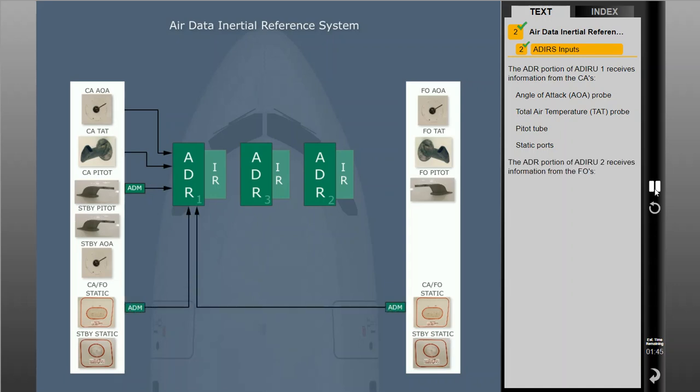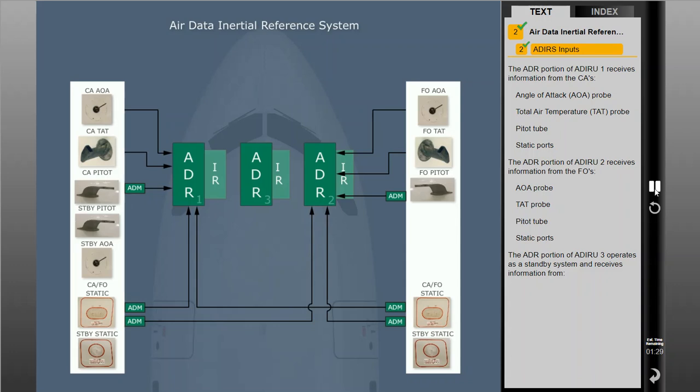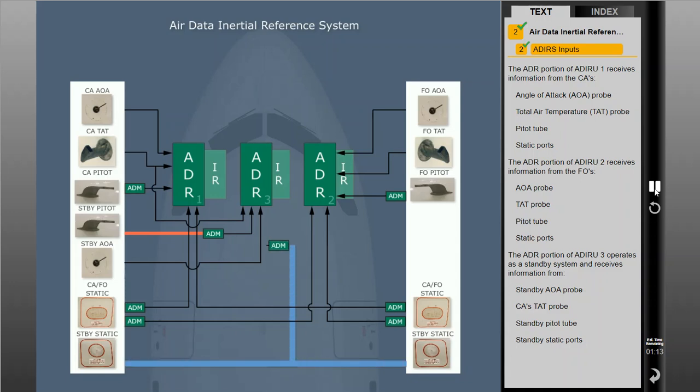The ADR portion of ADIRU-2 receives information from the first officer's AOA probe, TAT probe, pitot tube, and static ports. The ADR portion of ADIRU-3 operates as a standby system and receives information from a standby AOA probe, the captain's TAT probe, a standby pitot tube, and standby static ports.